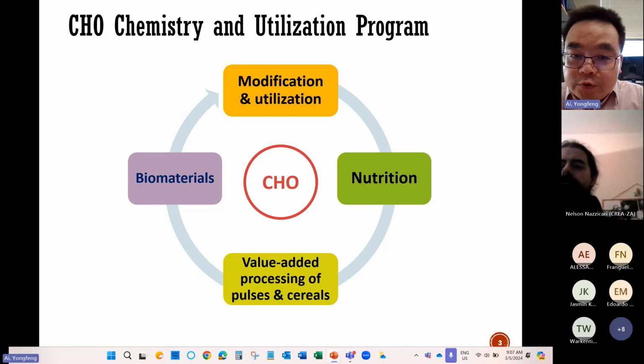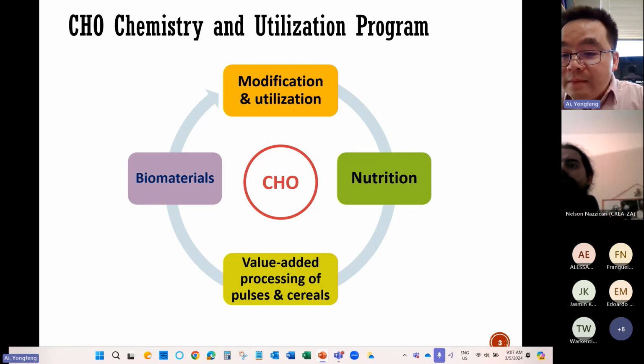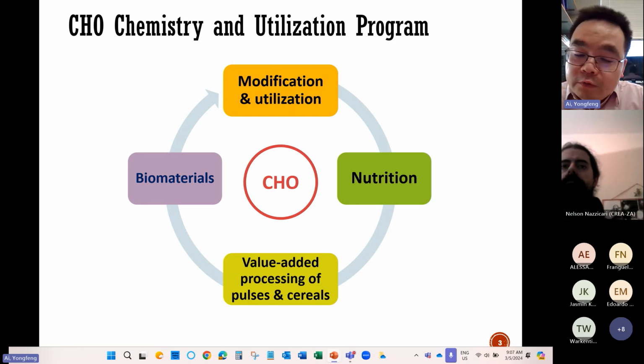Saskatchewan is also a main producer of those crops in the country. The second theme is carbohydrate nutrition, where we look at the development of resistant starch, resistant maltodextrin, dietary fiber, and also low glycemic food to improve the health of humans and also pets and animals.